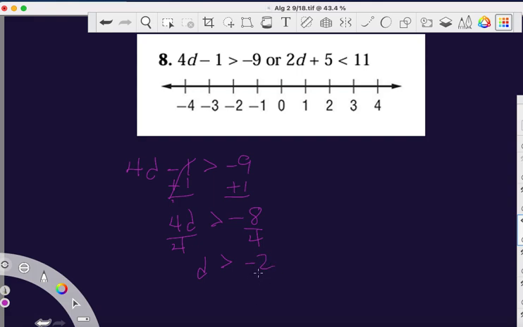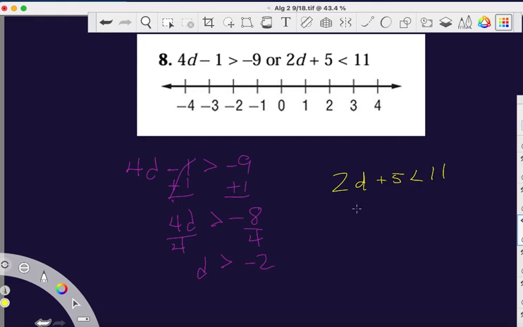Okay, that's what I got. And the other one: 2D plus 5 is less than 11.